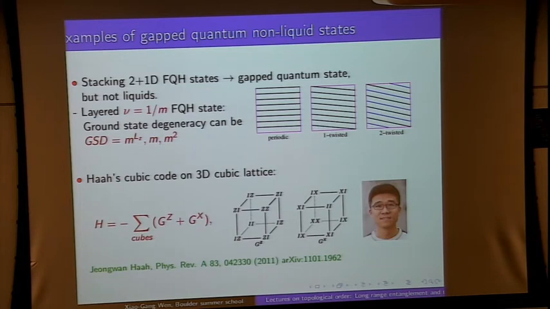I may say that too strongly, but probably there's no feature in the local correlation function of a local operator. That's my guess.